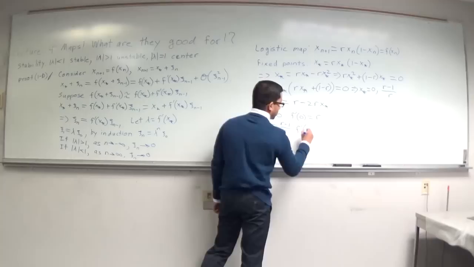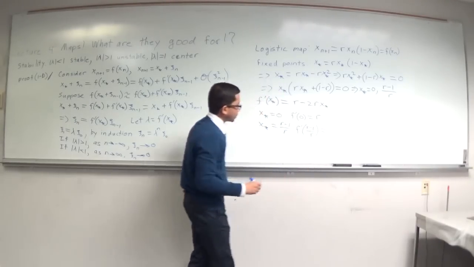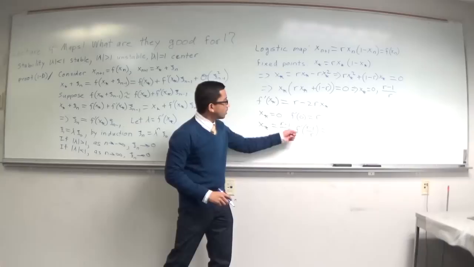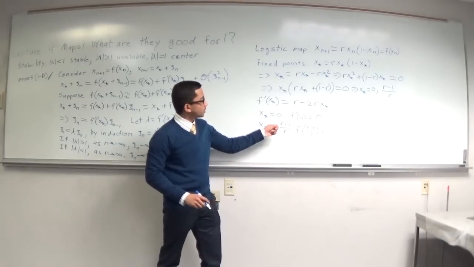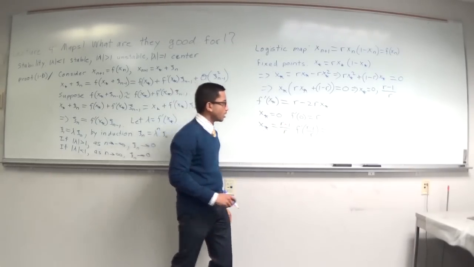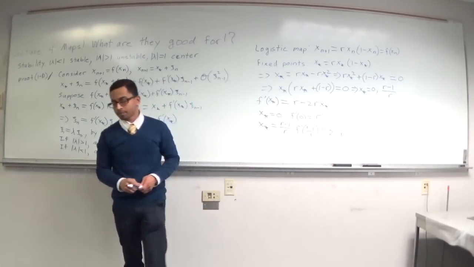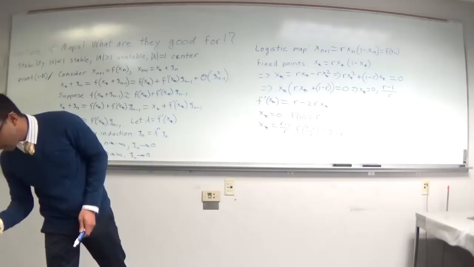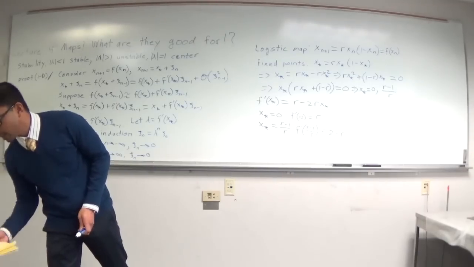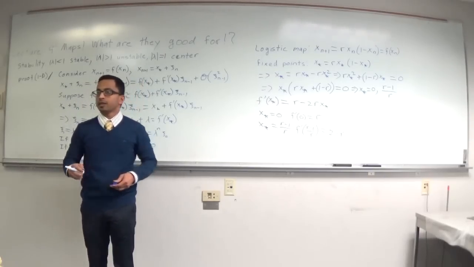So that's f prime of (r minus 1) over r. The r's cancel out, and we get minus 2r plus 2 plus r, so we get 2 minus r. Let me just make sure that's correct. Yes, it is 2 minus r. So we have those two fixed points.